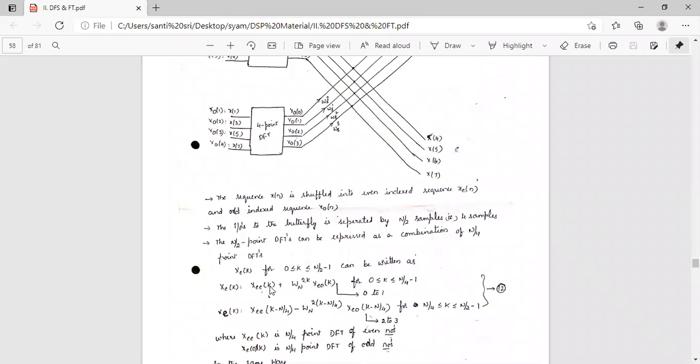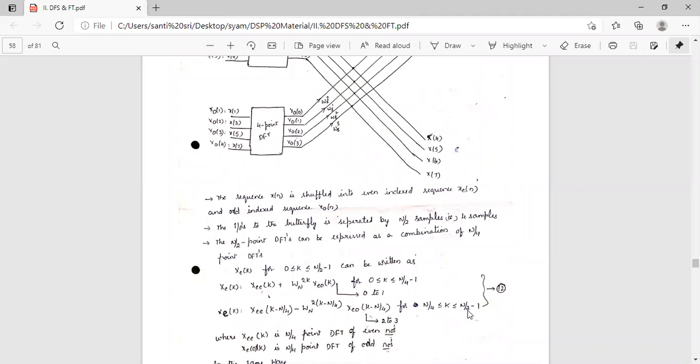Xe of k is equal to xee of k plus wn power 2k into xeo of k for 0 less than or equal to k less than or equal to n by 4 minus 1, that is 0 to 1 for two values. For another two values, 2 and 3, it can be written as xe of k equal to xee of k minus n by 4 minus wn power 2 into k minus n by 4 into xeo of k minus n by 4 for n by 4 less than or equal to k less than or equal to n by 2 minus 1.